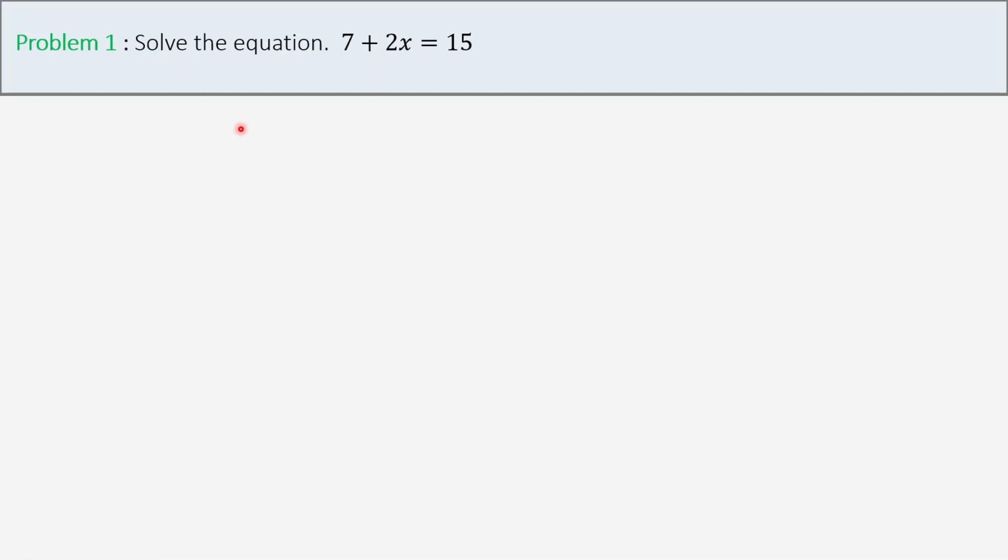This is the first problem. We are going to solve this equation. In this equation, this is a term, this is another term, and there is a term on the right hand side. This term has the variable x, so you need to isolate this term. This is positive 7. So you need to subtract 7 to remove this.